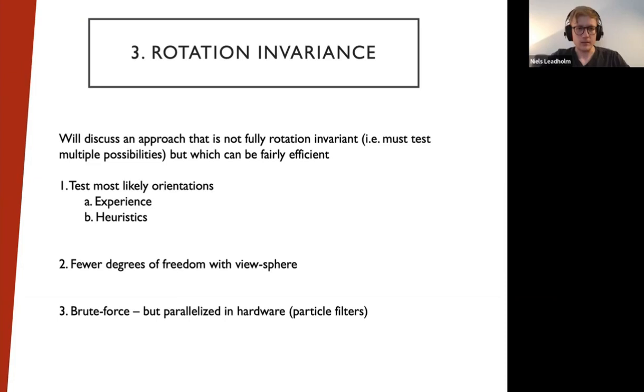I'll explain why, and then how to do this in an efficient way with some heuristics and experience, and also how view spheres can help with this. I'm not really going to talk much about the particle filters that have come up a few times, but they could be a potentially useful way to handle the more brute force nature of this problem, just because particles can be parallelized quite easily.